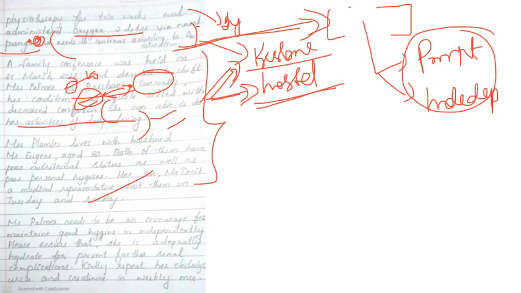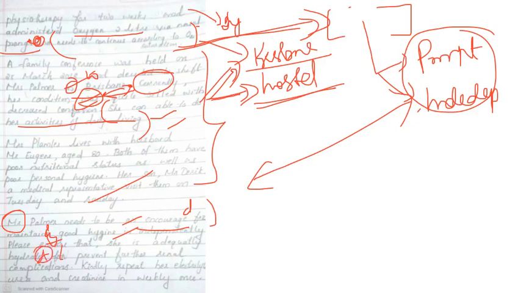Now continuing to the final paragraph, it's not Mr., it's Miss Palmer, who needs to be encouraged to maintain good hygiene independently. I think we must have covered this when we spoke. Here this is covered. Please ensure that she is adequately hydrated to prevent further renal complications.